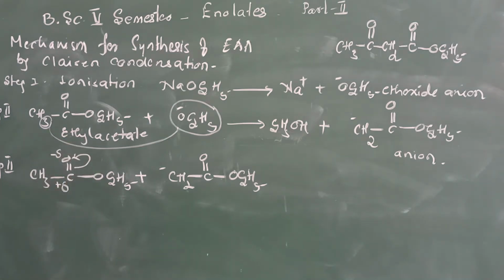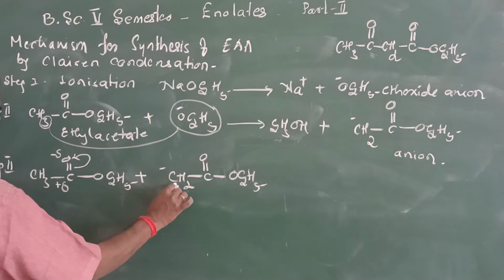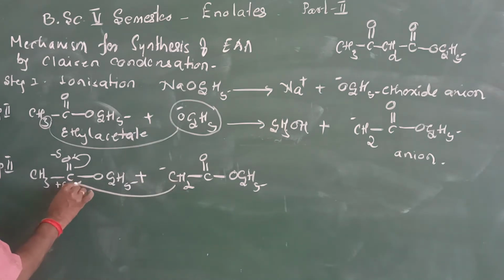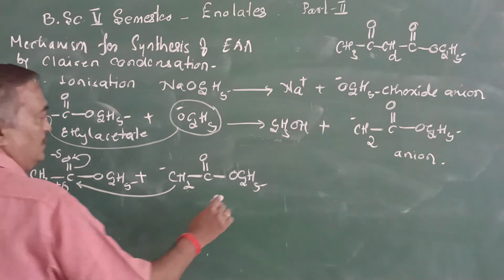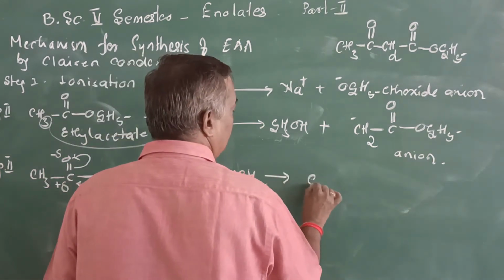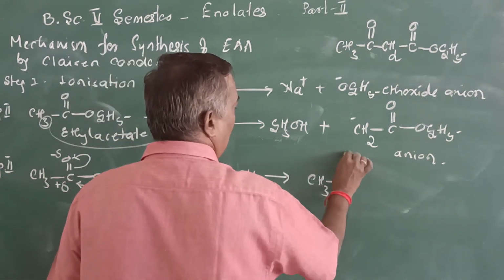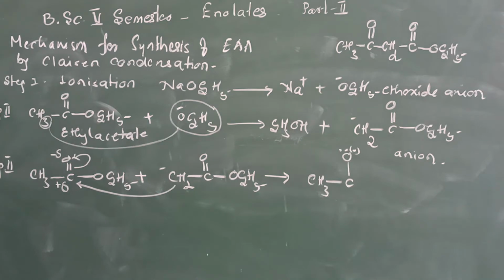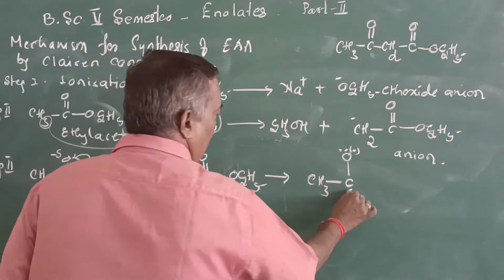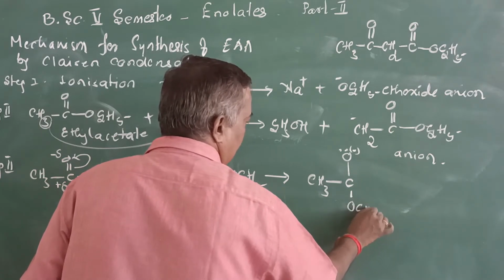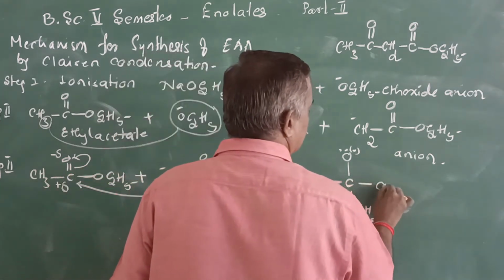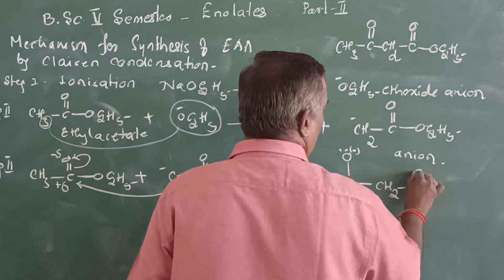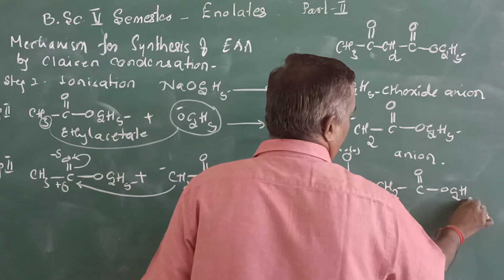This is a peculiar property of the carbonyl group. The anionic carbon will attack the C delta plus of the C=O, resulting in the formation of CH3-C(O-)(OC2H5)-CH2-C=O-OC2H5, with the negative charge on oxygen carrying a lone pair of electrons.